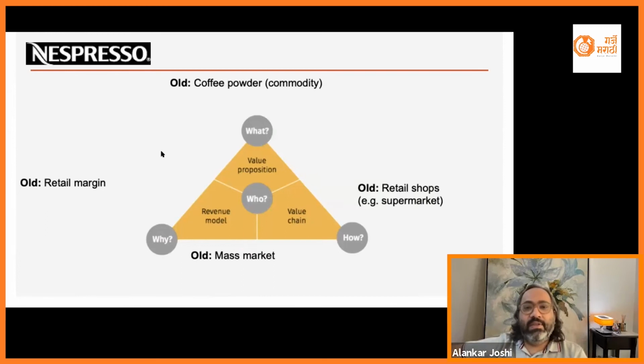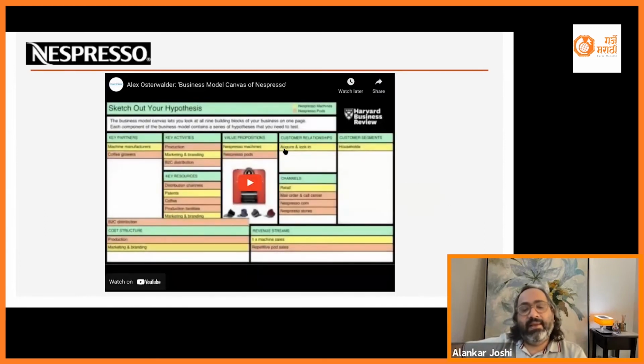So what I'm going to do is play a 3-minute video from Alex Osterwalder, who designed the business model canvas that we are all familiar with by now. He talks about how Nestle put together and improved the business model canvas for Nespresso. So let's take a quick look.